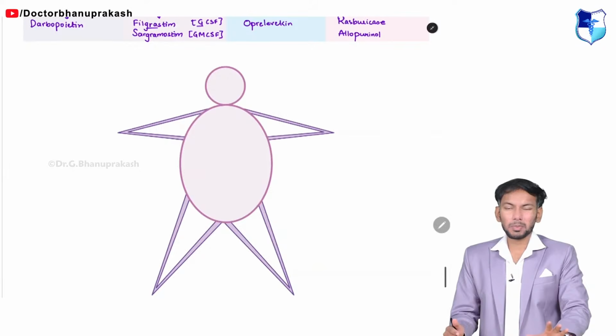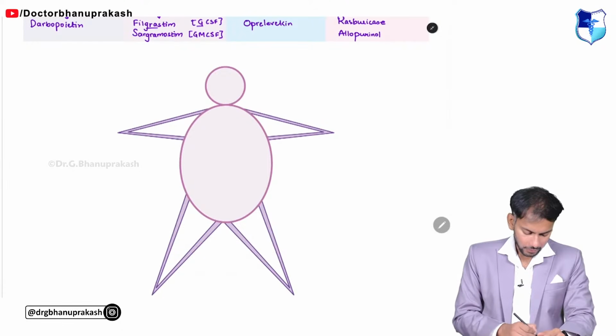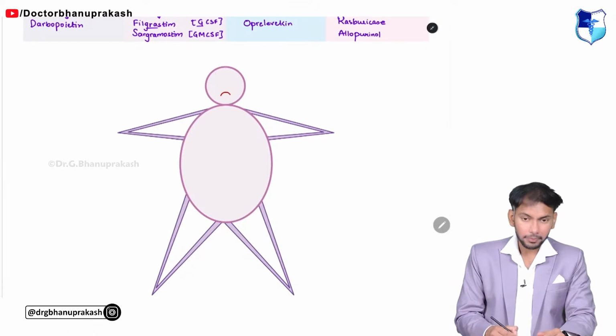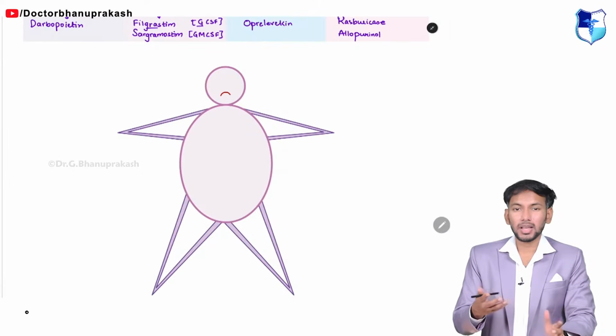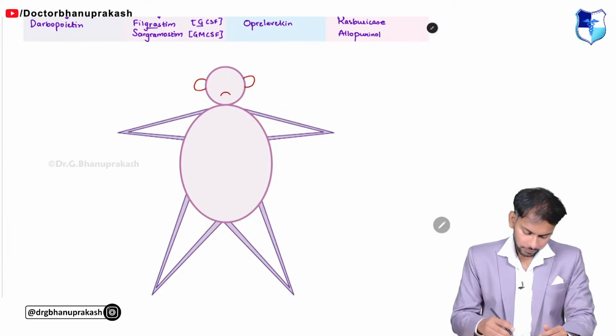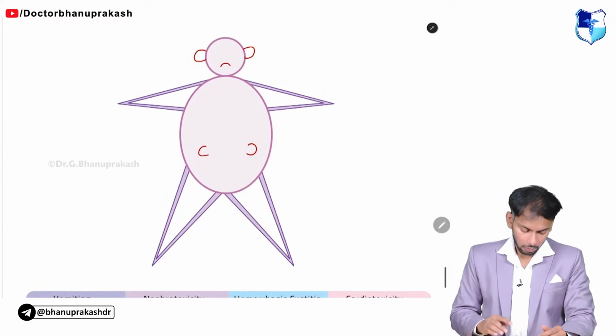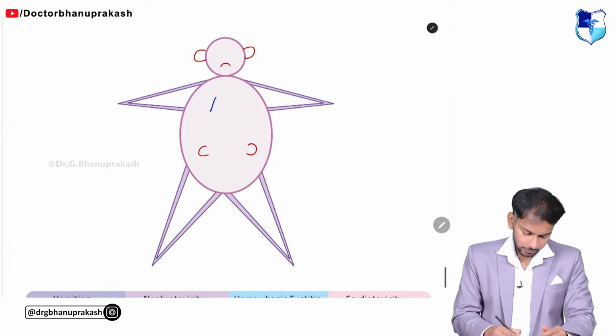Let us suppose this is one person who had cancer. If a person has cancer, obviously he'll be sad. Yes, he's sad. Now, we'll draw the other structures of this man. These are his ears. These are his kidneys. Now, I'm drawing the lungs.